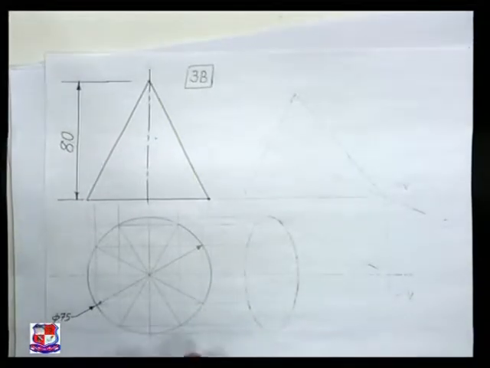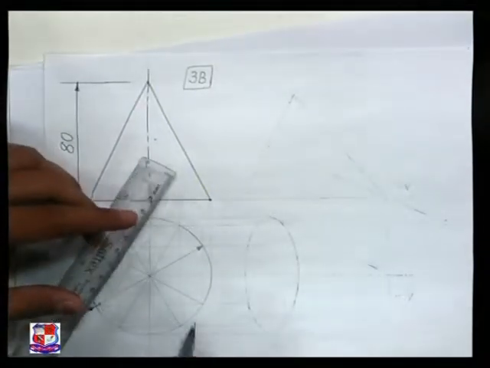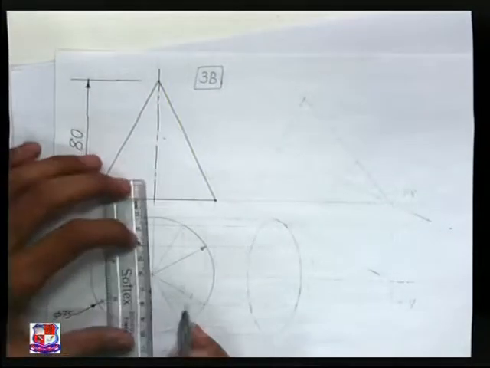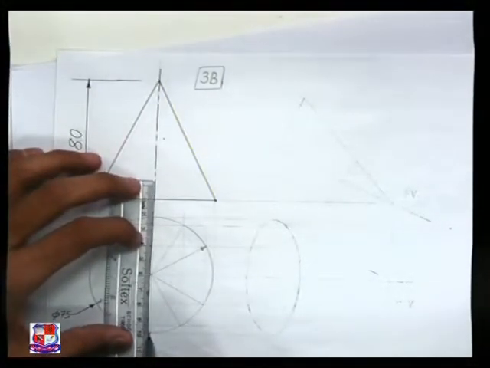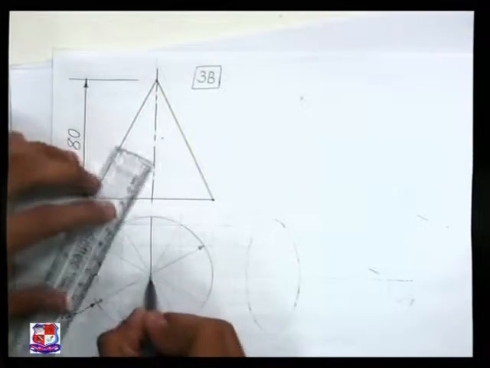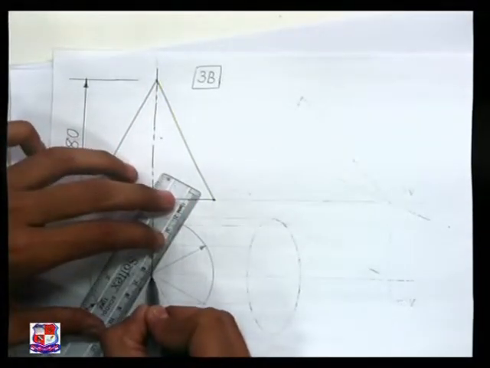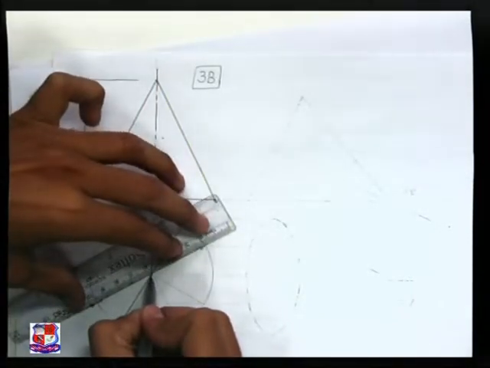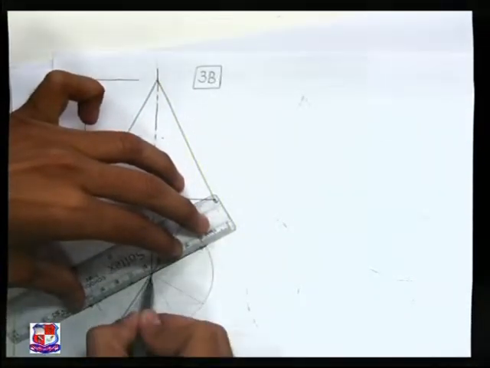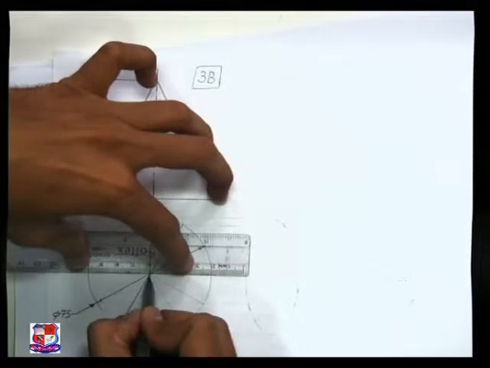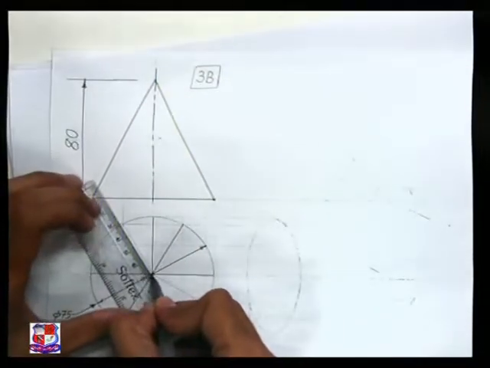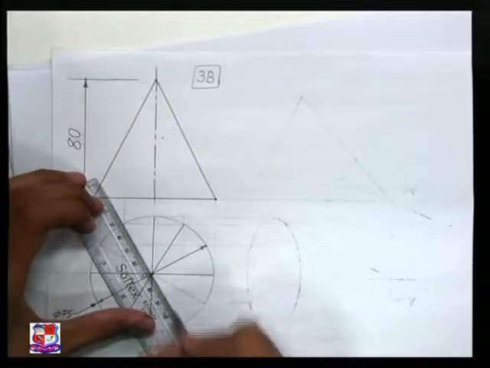As it's a cone, conveniently we divide this cone or any circular portion into an equal number of parts. Here let me divide into 12 equal parts. So each line would be at an angle of 30 degrees with each other. You may divide into 8 equal parts. In that case, the angle would be 45 degrees between each imaginary generator.